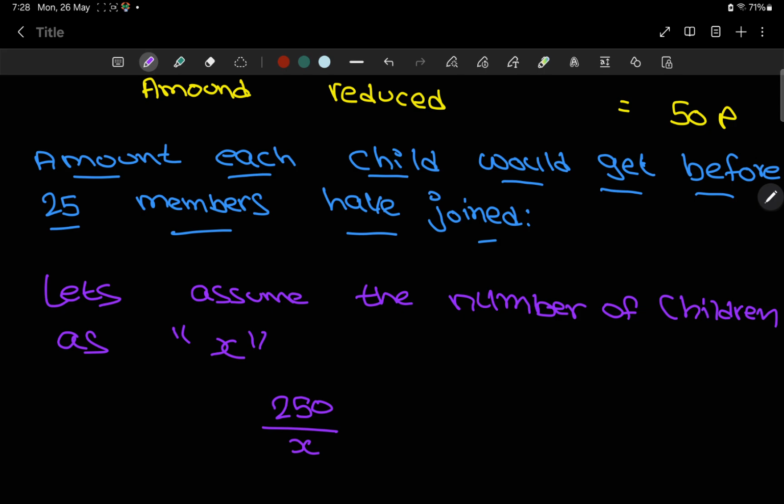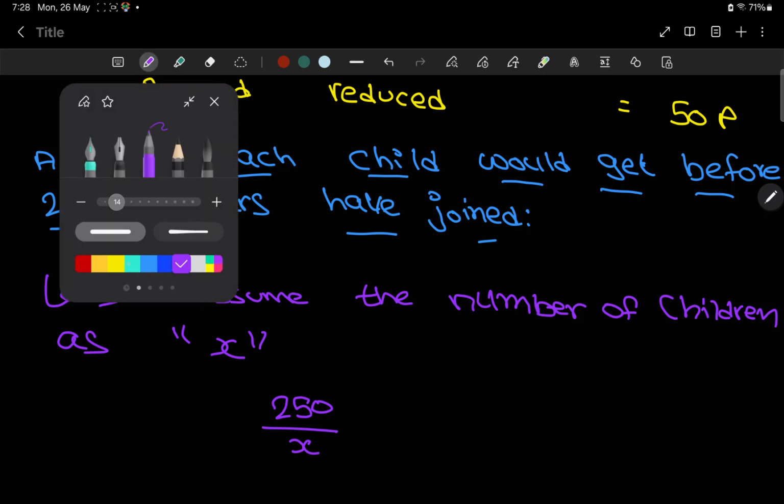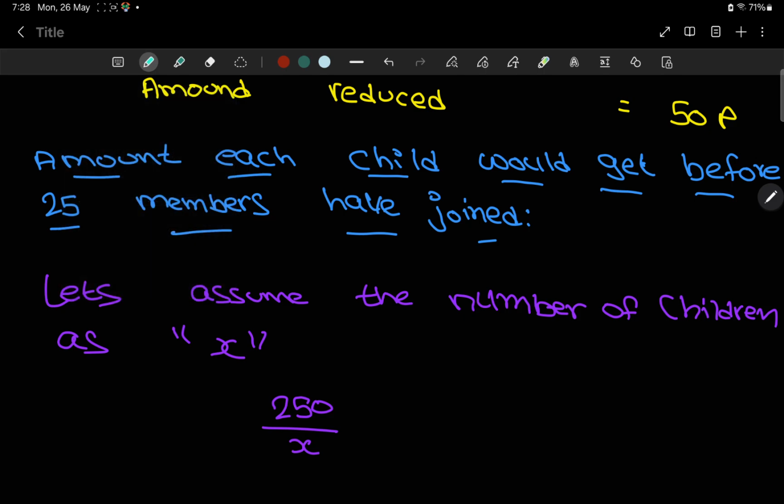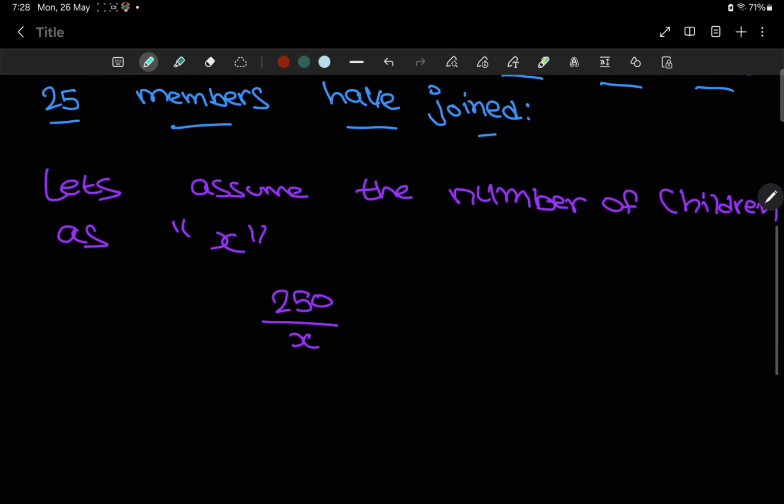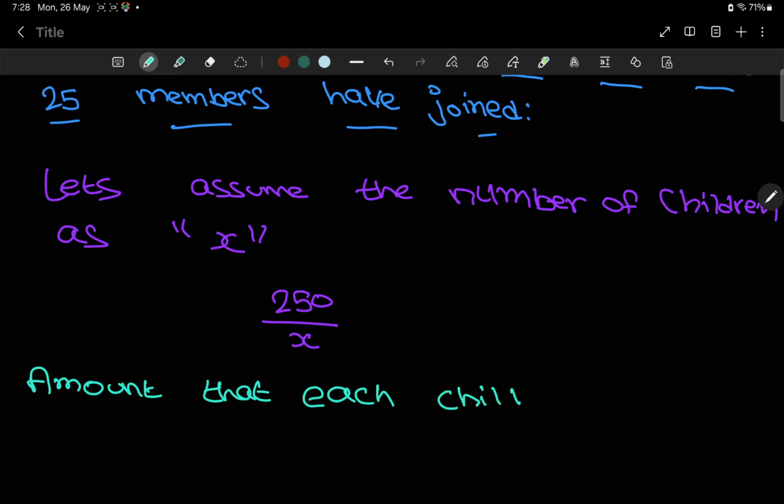Okay. So now let's find the amount that each child would get after 25 members have joined.